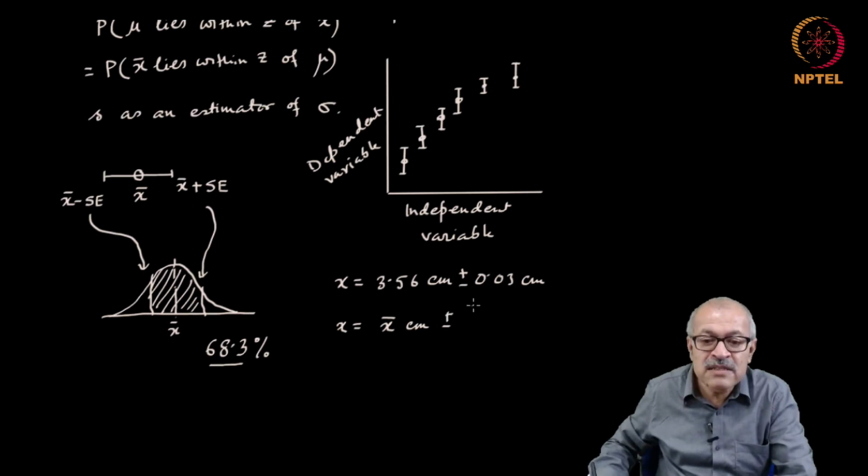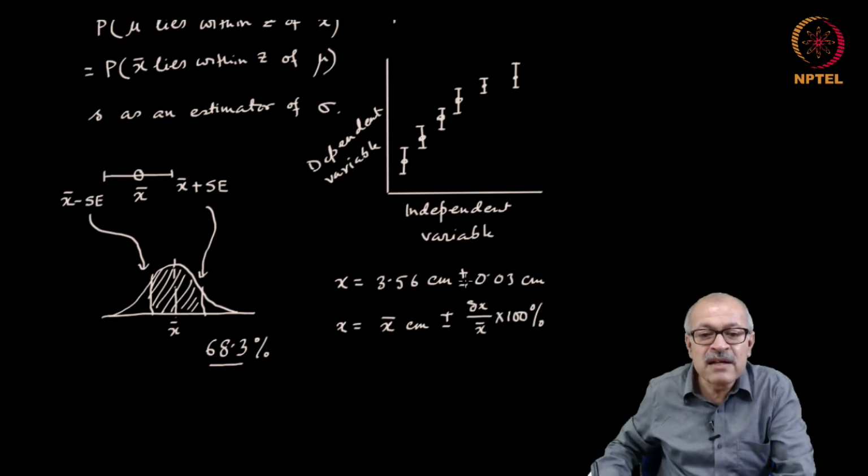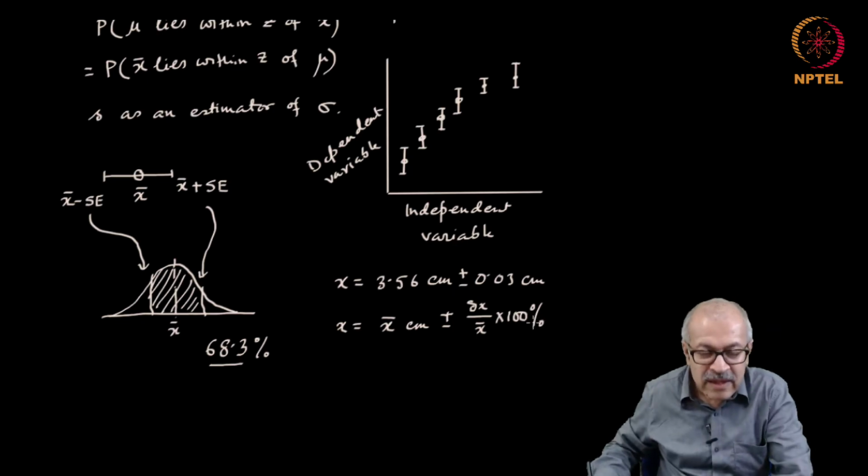Now, you have to put the standard error. I can write that delta x, the change in x divided by your x bar, which is the extent of error in fraction, into 100, this many percentage. This is the percentage error calculation. Okay. So, you might state the result in both these ways. This is in absolute value and this is as a percentage error.